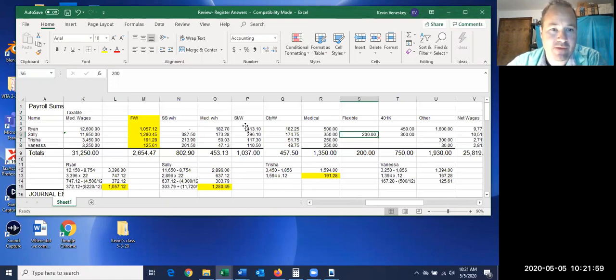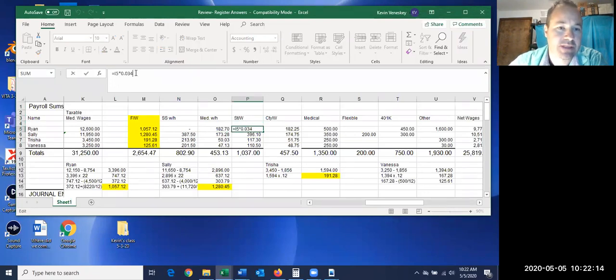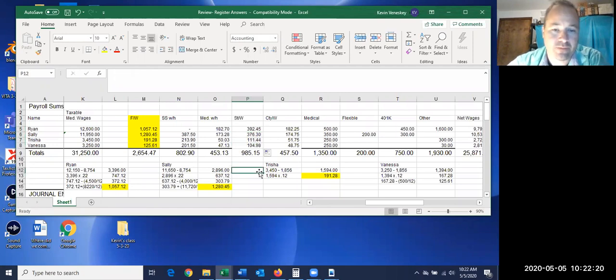Social Security, hopefully you have that already built into your formula. Medicare the same way. State the same way. Actually, the state I have off here. I never adjusted this. Let me adjust my state. There we go.